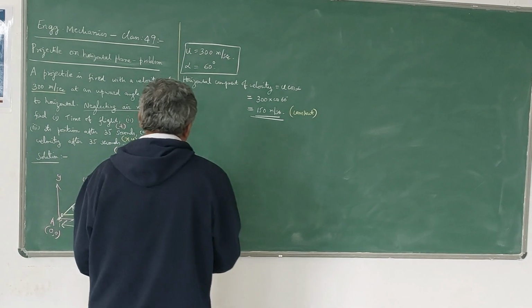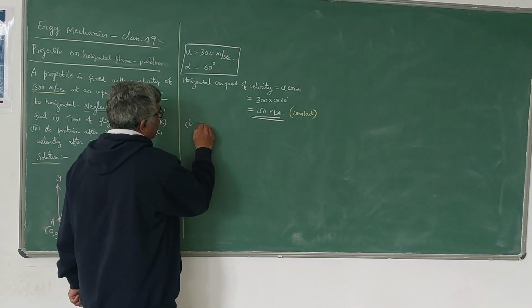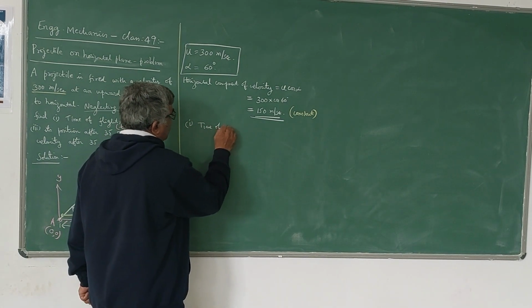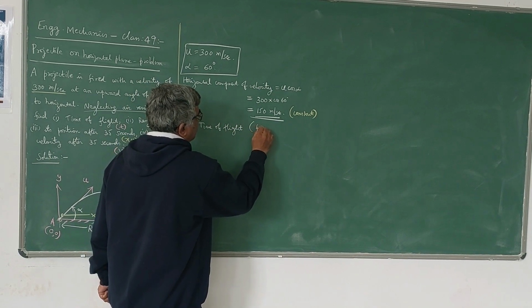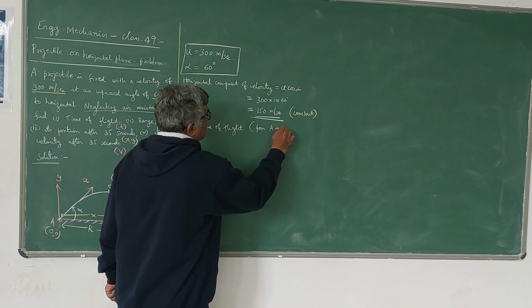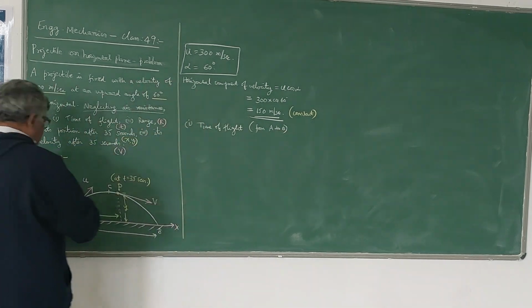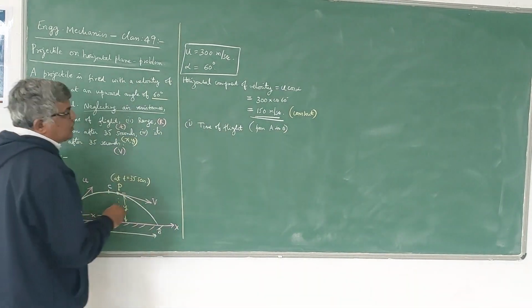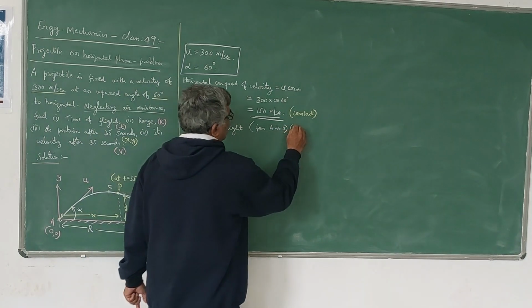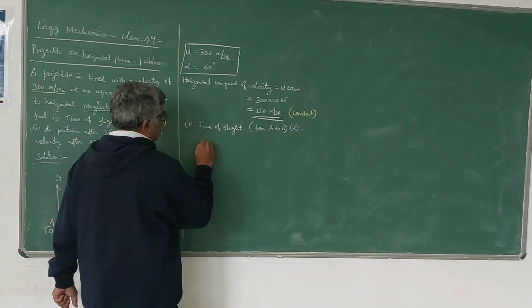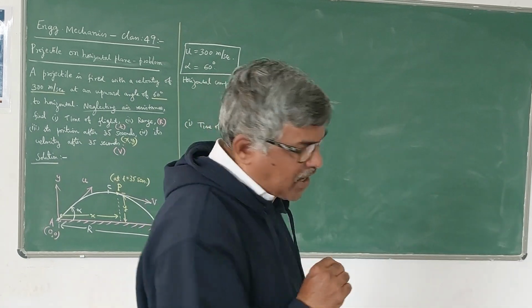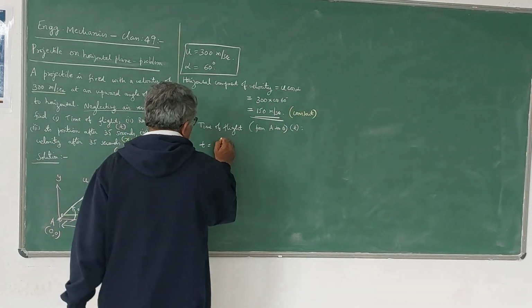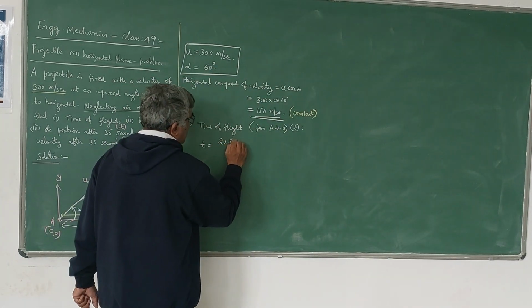First thing, you should remember the formula for time of flight, that is, the time to travel from A to B. It includes both the upward motion as well as the downward motion. So time of flight is denoted by T. This T is given by 2u sin alpha by g. That we have proved already. 2u sin alpha by g.